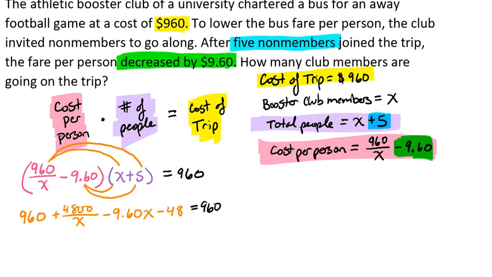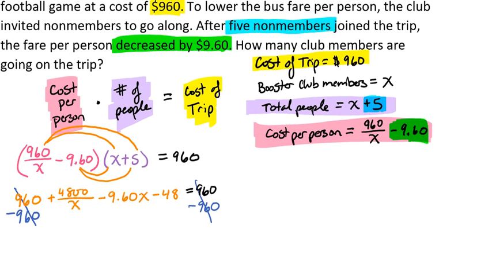So now we're going to go ahead and combine our like terms, which looks like it might be a problem. So let's try and get rid of some stuff first. Let's subtract our 960 from both sides, and I'm doing that instead of combining it with the 48 because I see that I have a 960 over here, and those will cancel out.